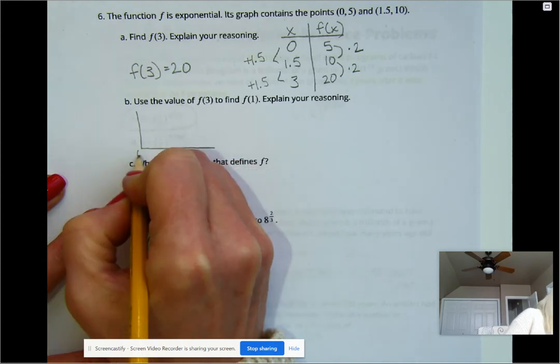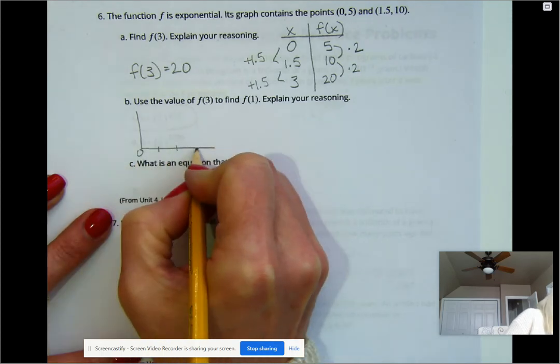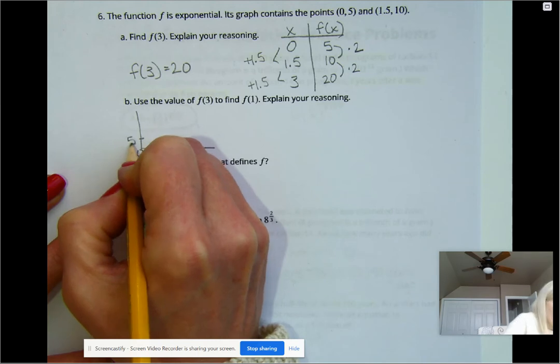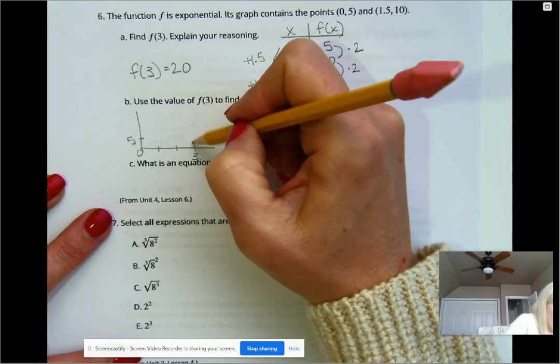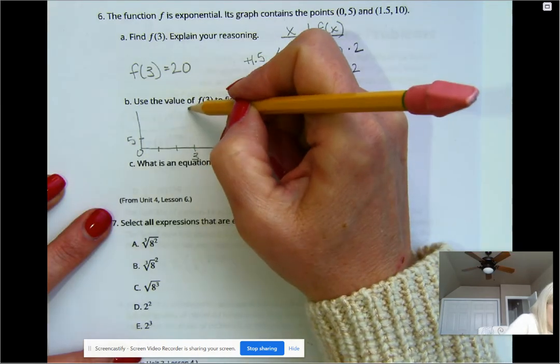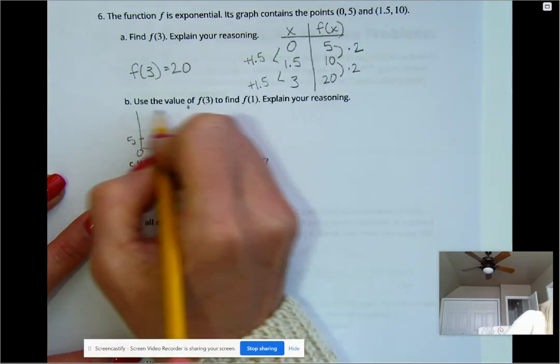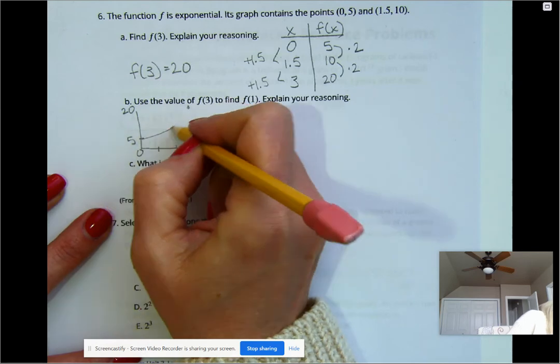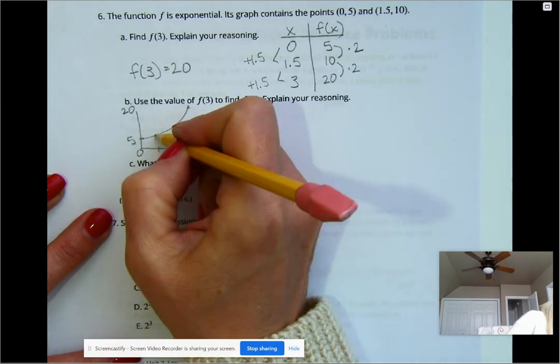0, 1, 2, 3. I know this. I know 0 is 5. And I know at 3, it's at 20. Okay. So it's something like this. And I need to figure out this at 1.